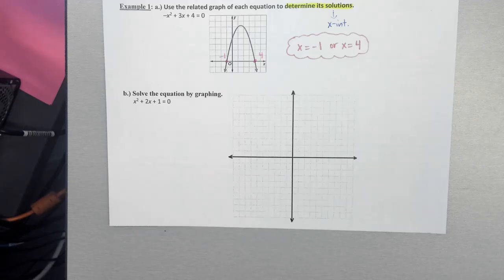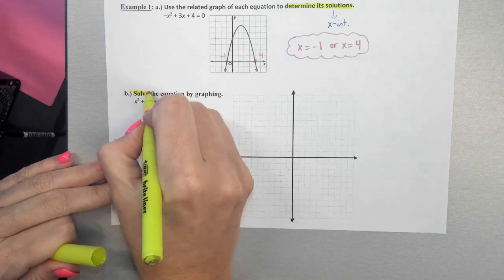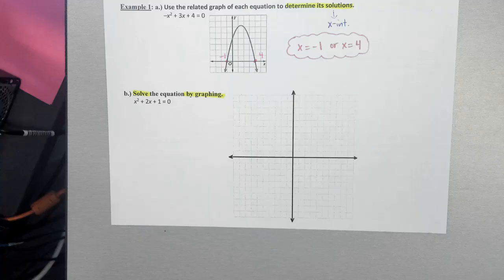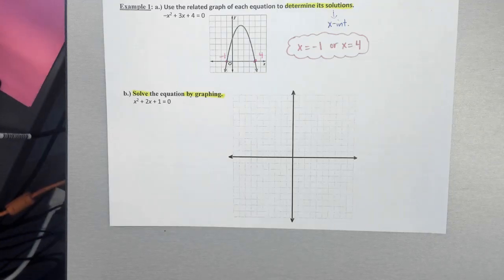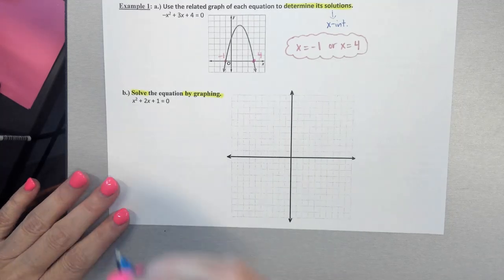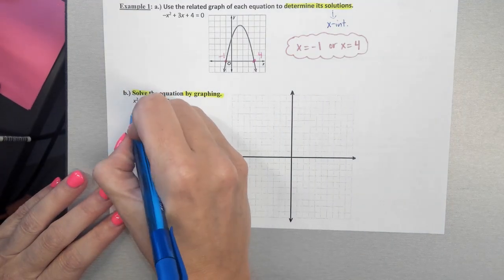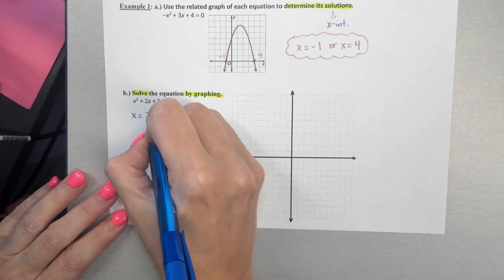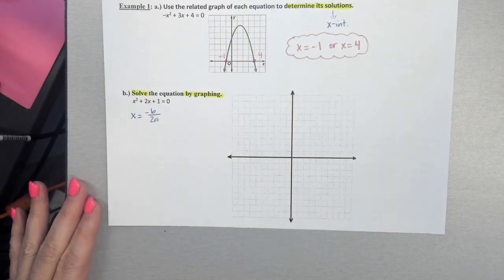For B, it says that we are going to solve by graphing. Anytime we have to solve by graphing, we are using those steps for finding the middle of the graph. Then you do have to plot your points, and then you'll find your x-intercept. Hopefully we remember from the other day that to find the center, we do the opposite of b over 2a.